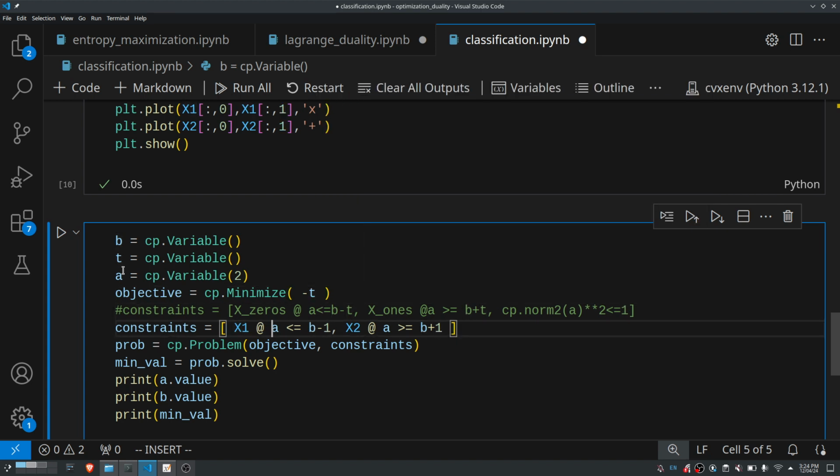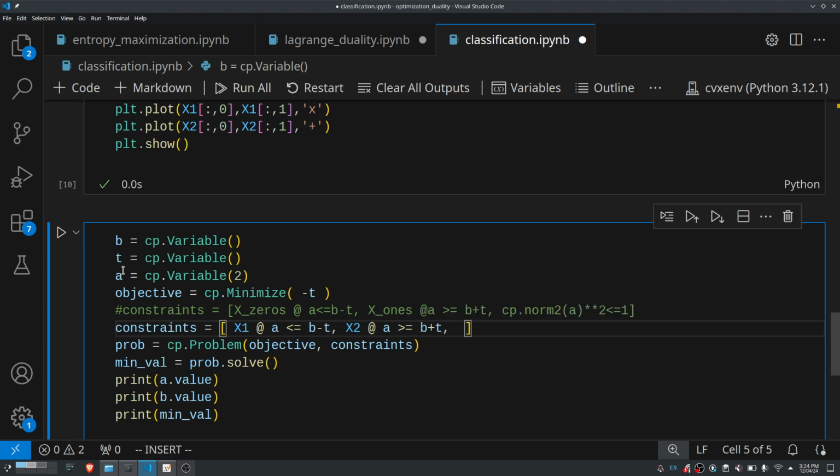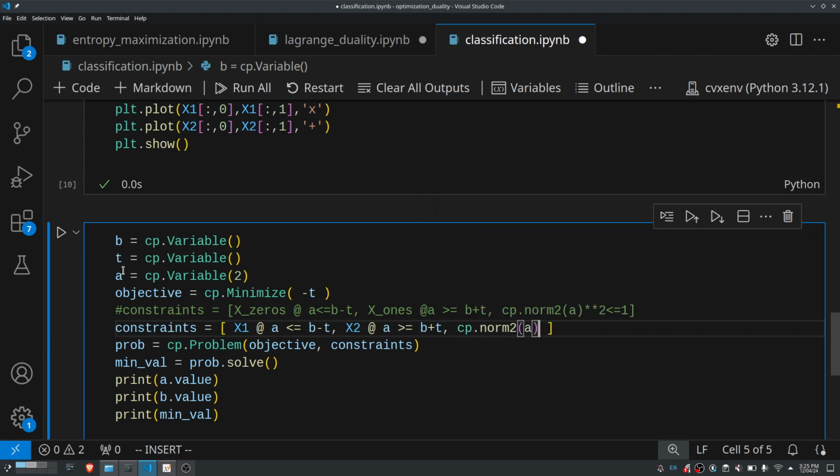And my constraints are x_i transpose a is less than or equal to b minus t, y_j transpose a is greater than or equal to b plus t. And what are the other constraints? Norm 2 of a is less than or equal to 1, and t should be greater than or equal to 0.